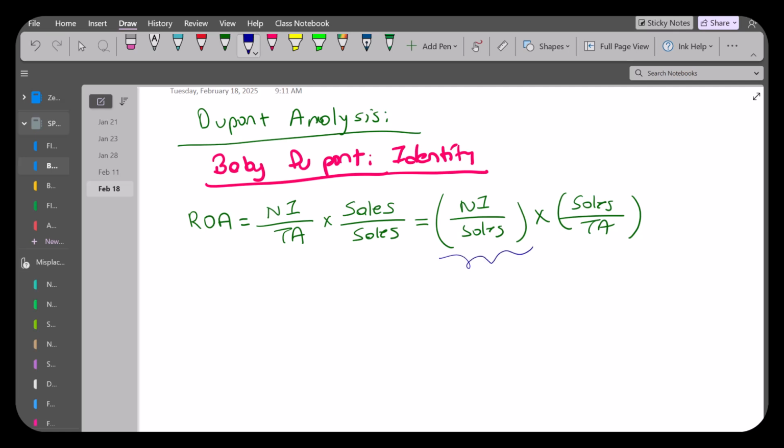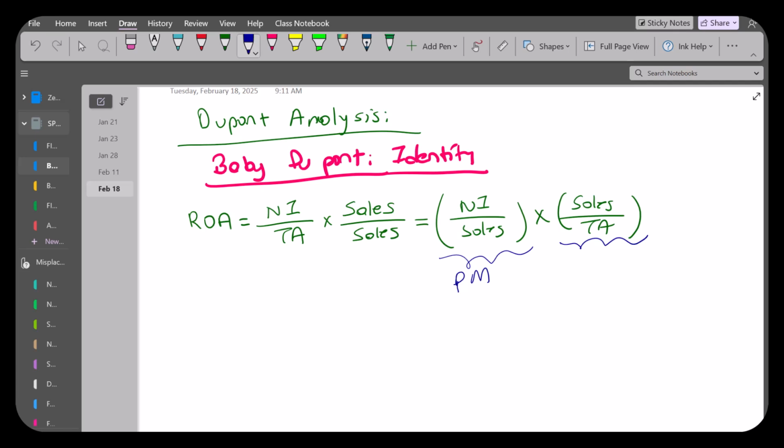Do we know that ratio by any other name? Net income over sales? You guys had a quiz on this. That's profit margin. Okay. Do we know that ratio by any other name?